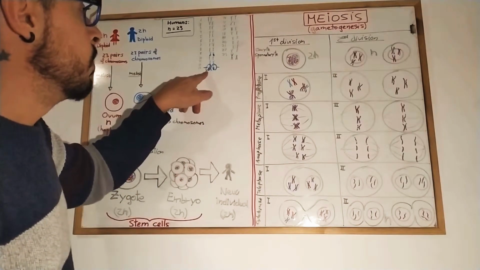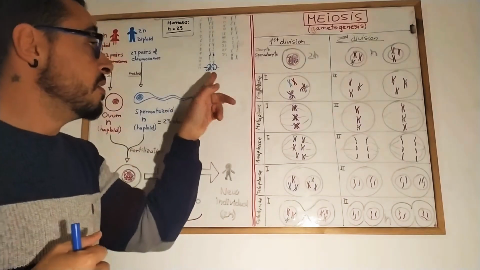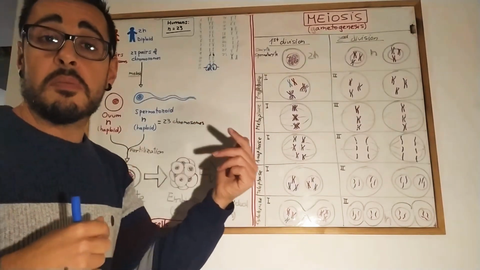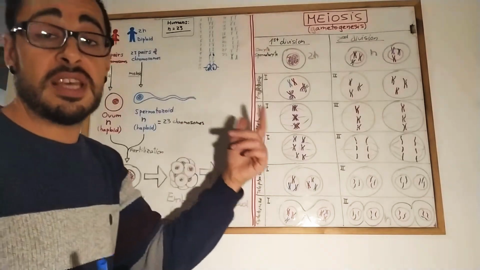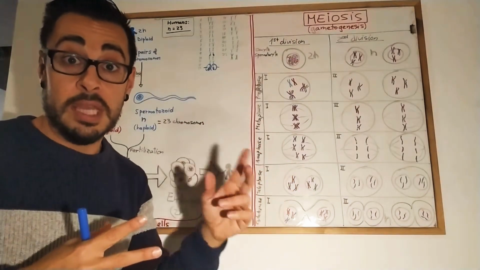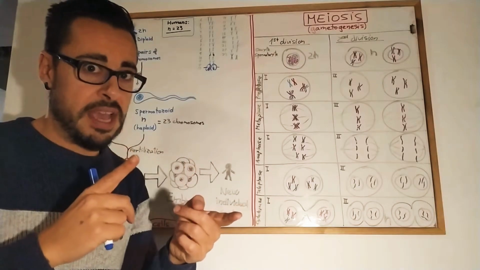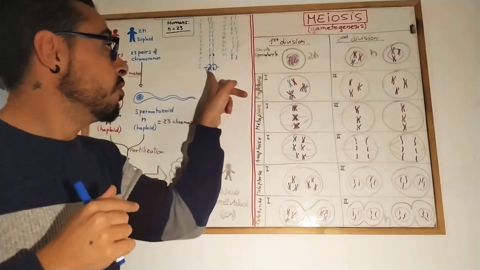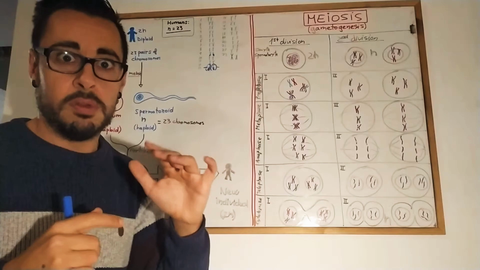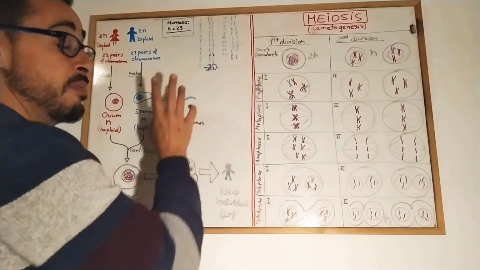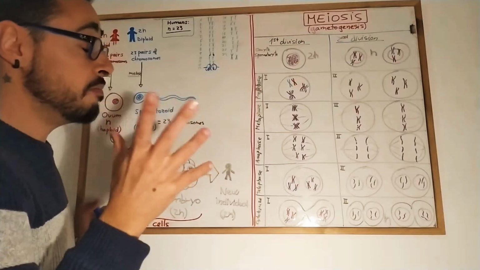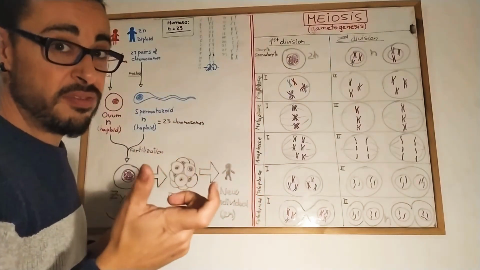My mother gave me the gene for her eyes, which is blue, and my father gave me the gene for his eyes, which is brown. The gene is the same, color of the eyes, but the information is different, blue or brown. So they carry the same genes, but with different information.